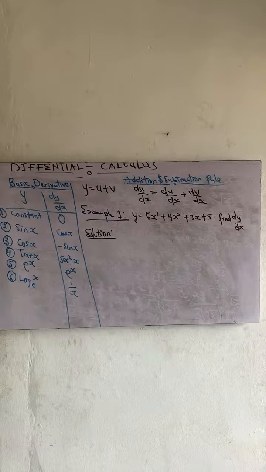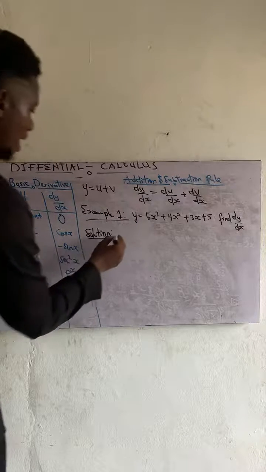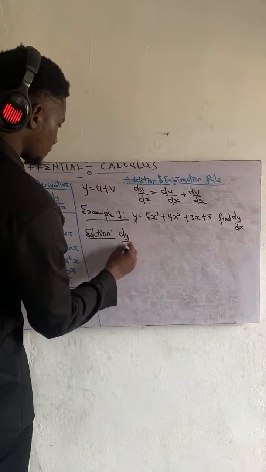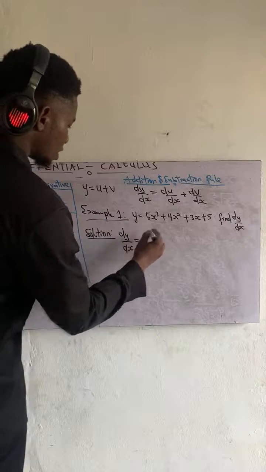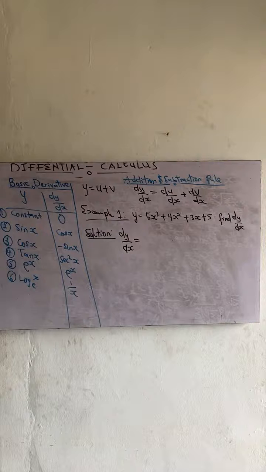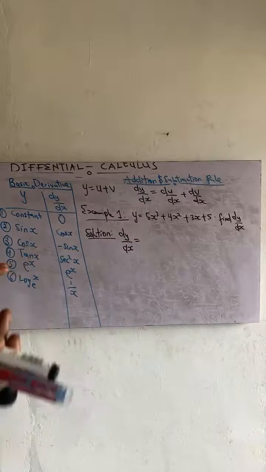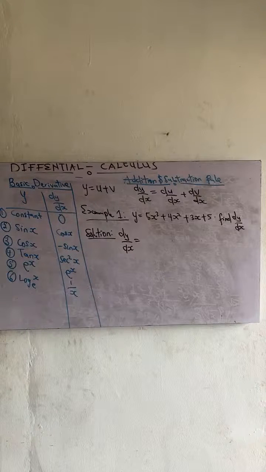It's very simple. Once you write solution, your dy/dx equals: you are going to differentiate 5x cubed, you will also differentiate 4x squared, you will also differentiate 3x, and you will also differentiate 5.